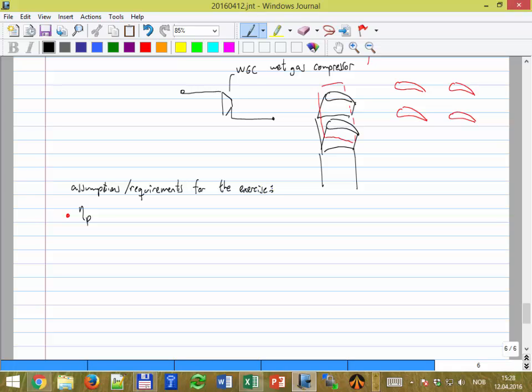Okay. The polytropic efficiency is usually changing, okay, but we are going to assume that it's constant, and we are going to assume a value of 0.7. Okay.